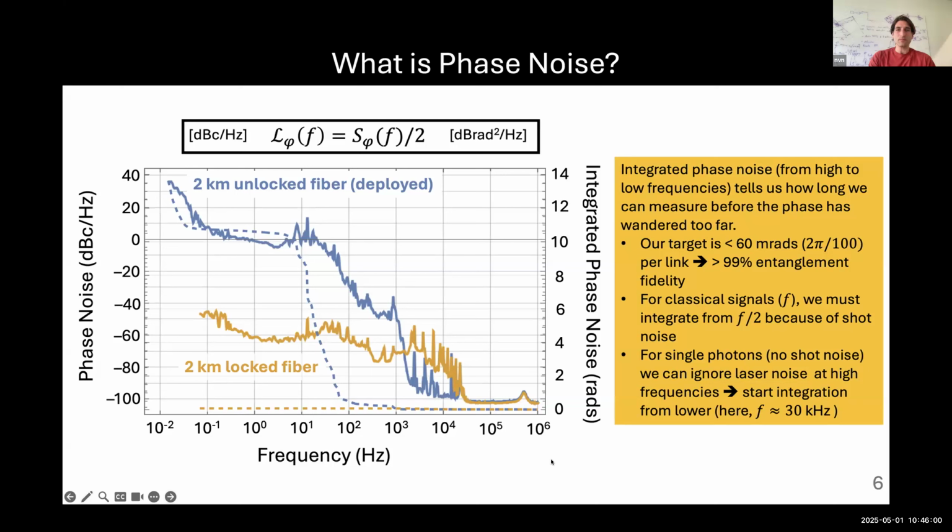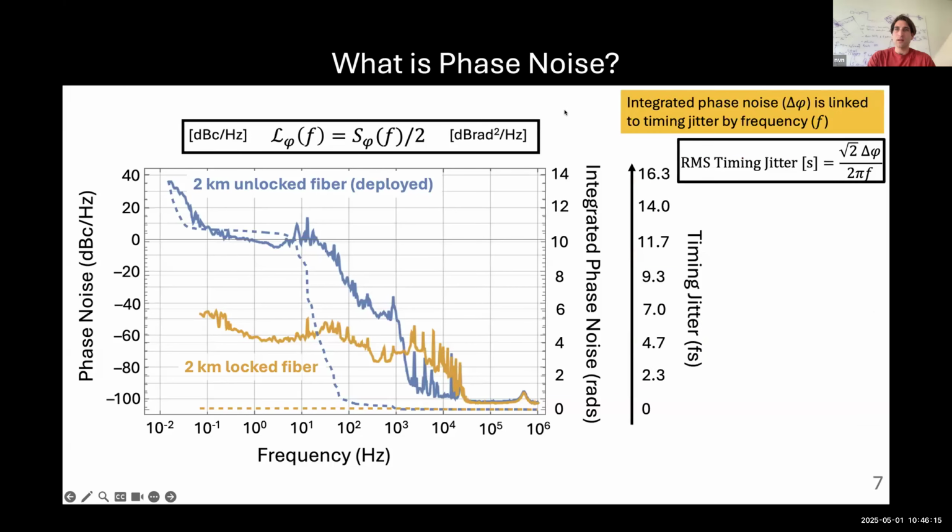And then we could flip this diagram around if we wanted to, and instead of frequency, we could integrate over time instead. The integrated phase noise is linked by this equation up here to timing jitter, which is a nice metric to say my network supports femtoseconds or attoseconds of timing jitter.